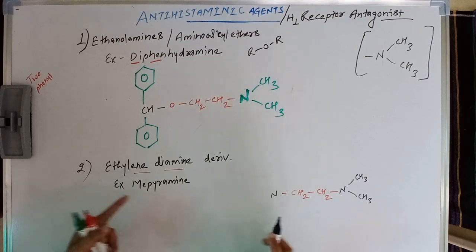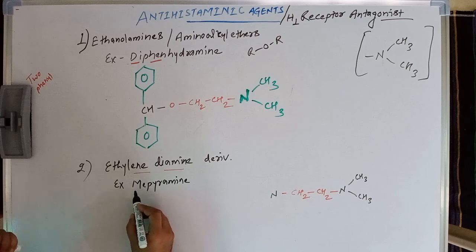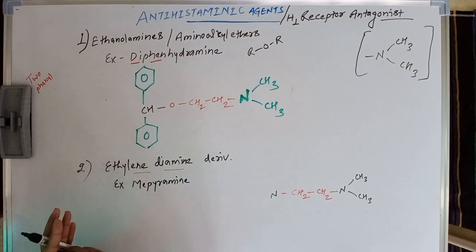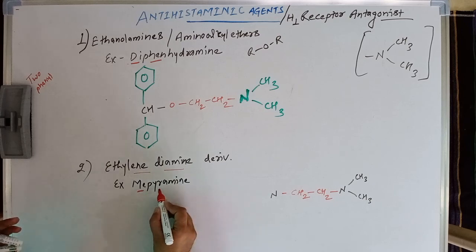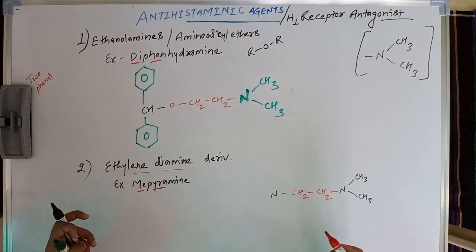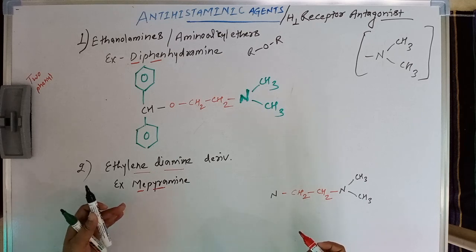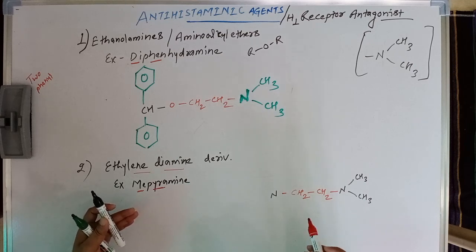Now mepyramine. We can draw a conclusion from this name. Me means methyl. Pyra means some aromatic functionality is there. So how can we draw this mepyramine?